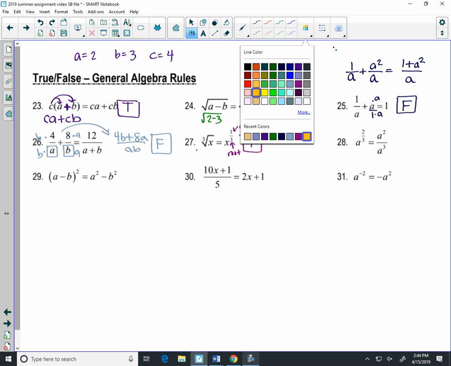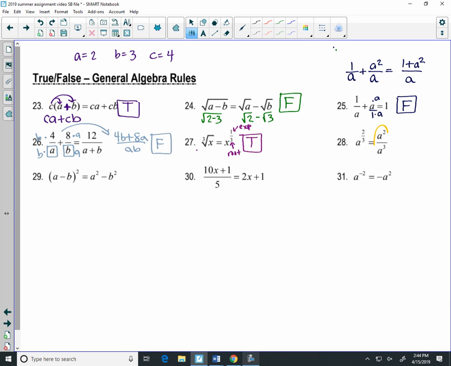This problem, remember, I'm going to work with this side here. When we have the same base and we're dividing, we subtract our exponents. So this side is actually the same as A to the negative 1, or 1 over A to the 1st. The left side of this equation, 3 would be your root, 2 would be your exponent, so it'd be cube root of A squared. So that one also false.